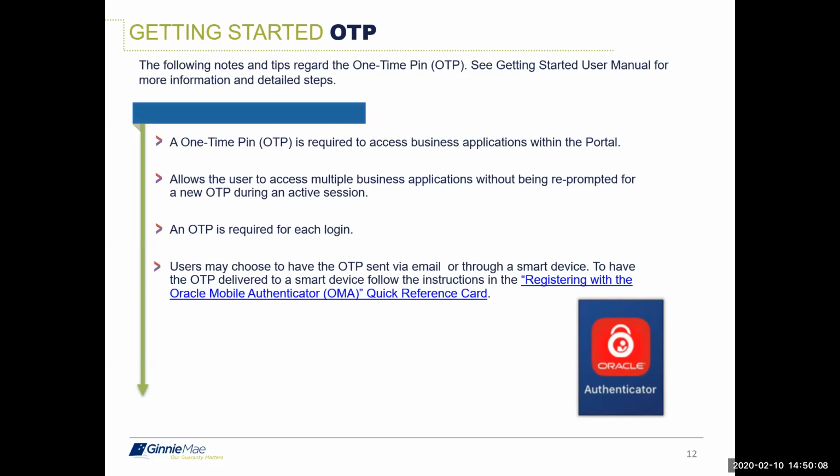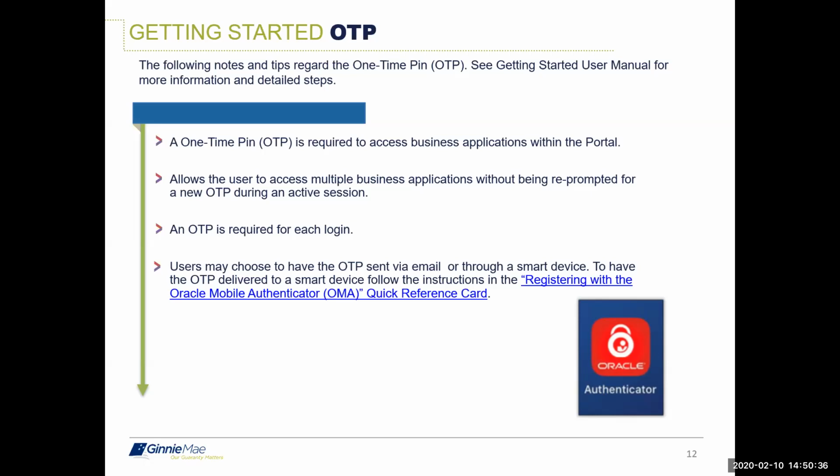We have done extensive work to try and troubleshoot this issue and have found that the issue is not related to MyGinnieMae. The PINs are being generated and being sent. They're just not being received due to some firewall restrictions that might exist within your own organization.